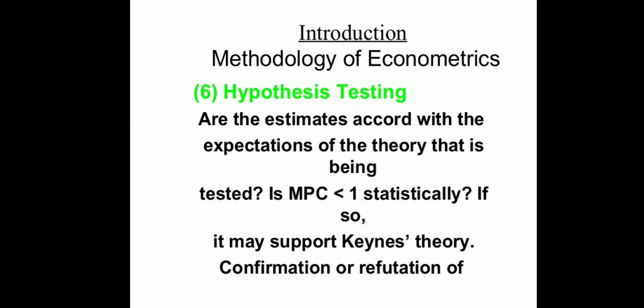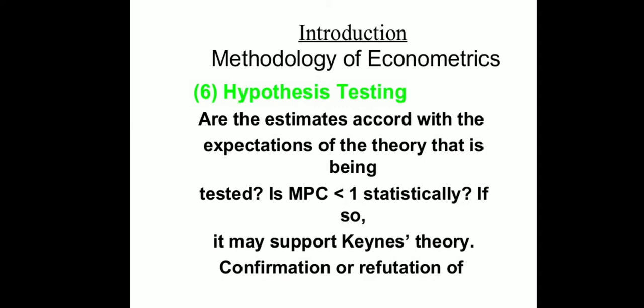Unless it is tested, we can't use it to predict for the future. So any statement about the population regression function is the hypothesis testing. Are the estimates in accord with the expectations of the theory that is being tested?